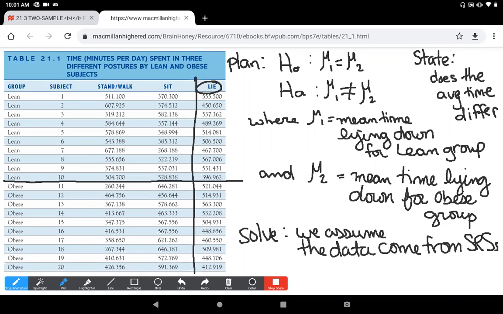And also in example 21.2, they had a discussion for the conditions of inference that apply to this problem, so we don't have to do that. The stemplot does not indicate non-normal data, so we proceed with the t-test. Two samples.